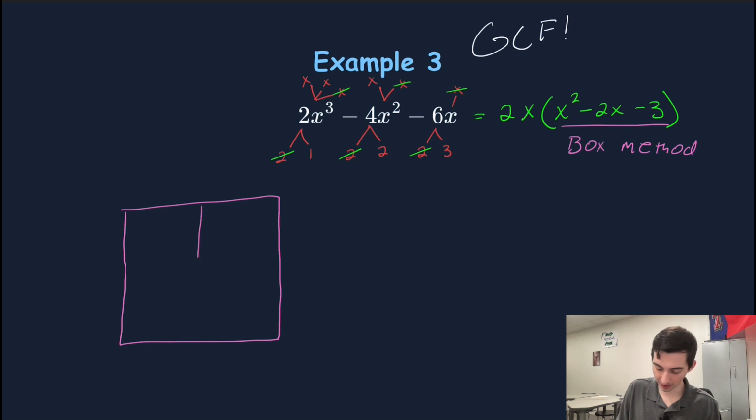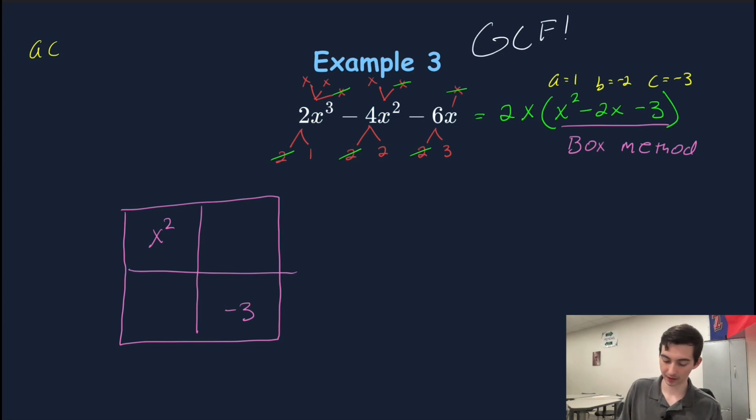So I'm going to set up my box. X squared will go on my first box, and negative 3 will go on my last. And so now let's think of our two key numbers. A times C, so here we have A as 1, B is negative 2, and C is negative 3. And so A times C is going to get me 1 times negative 3, which is just negative 3.